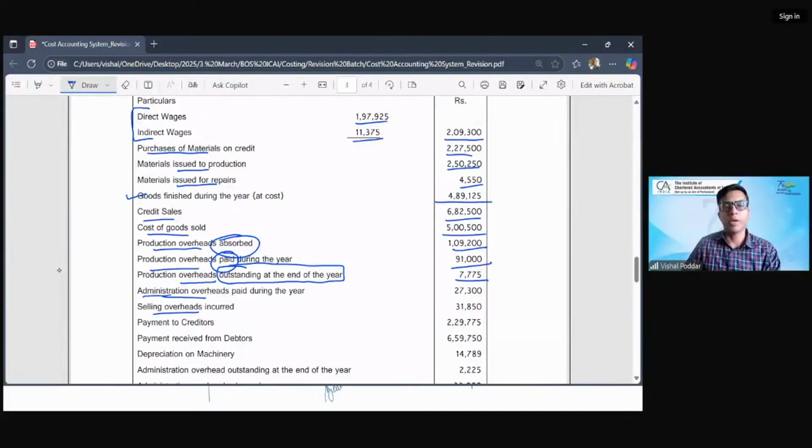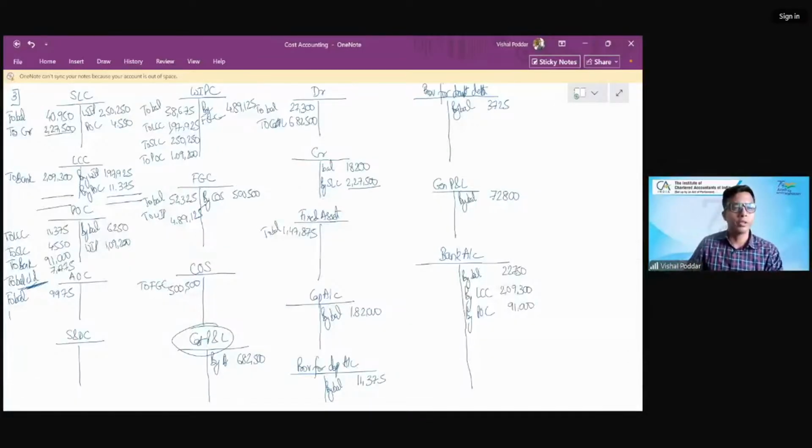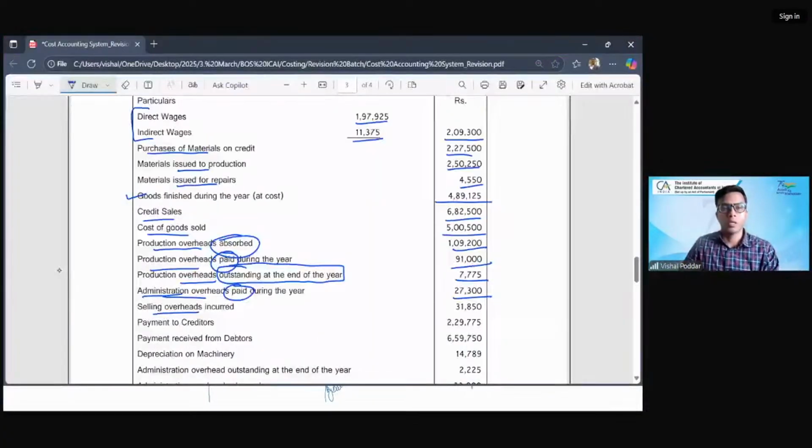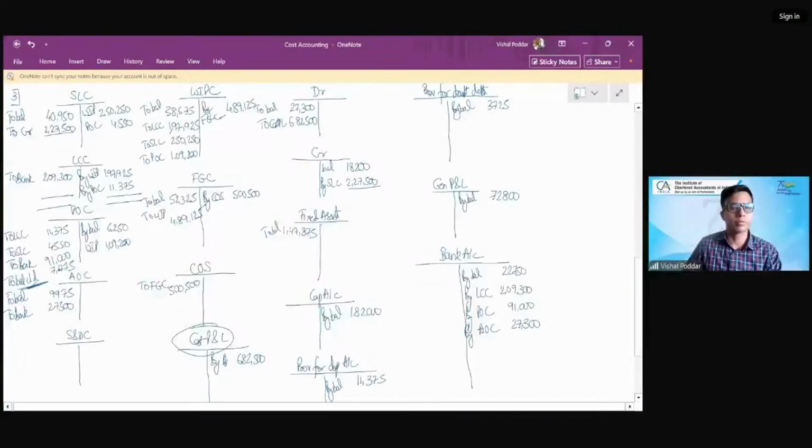Now, coming to administration, incurred is 27,300. That will be routed through bank. Then you have selling expenses incurred, again routed through bank.